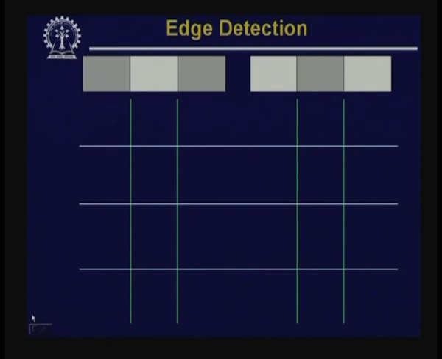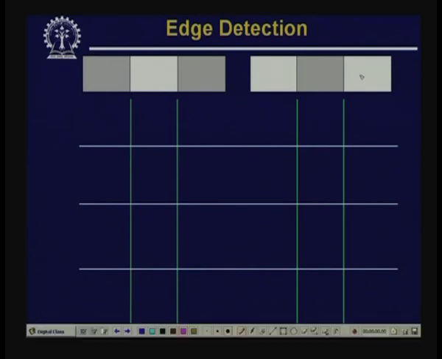Here, on the top, we have taken 2 typical cases. In the first case, we have shown a typical image region with a transition from a dark region to a brighter region and then again to a dark region.